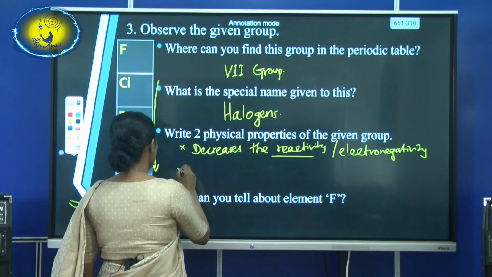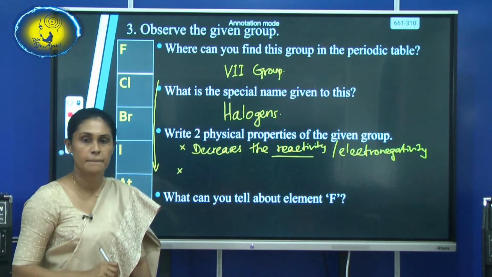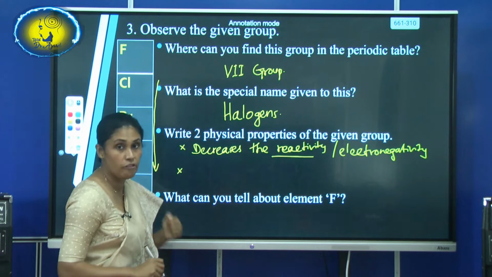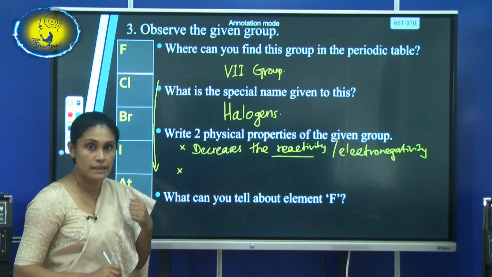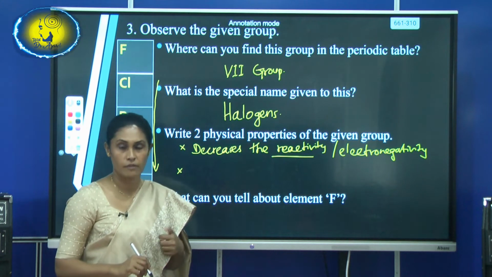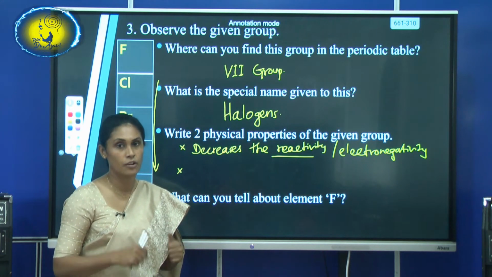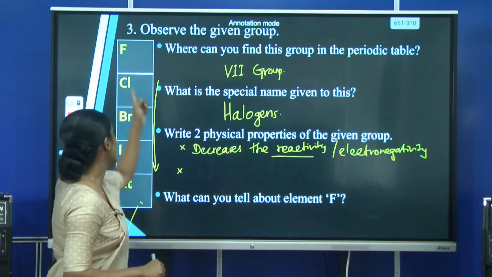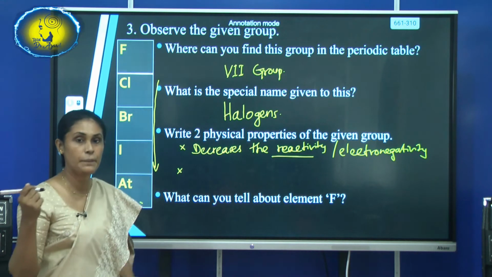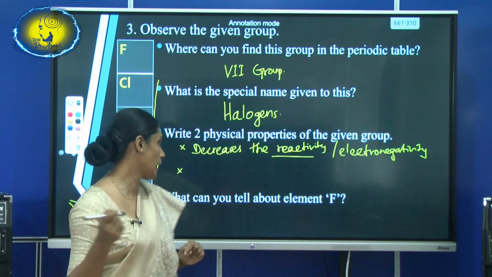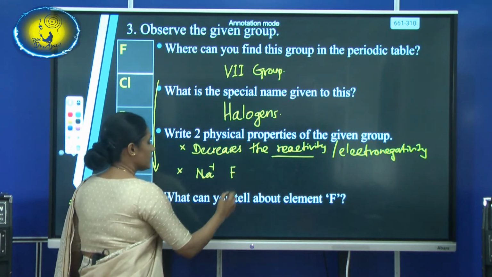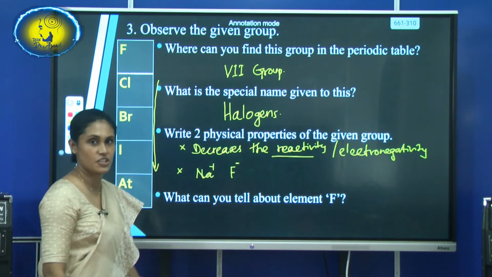So let's write another one. It would like to gain electrons. Always tries to gain electron or what? Give. Gain or give. Because now sodium fluoride, for example, what will happen? Sodium has a +1 ion like this. Fluoride has a -1 charge.